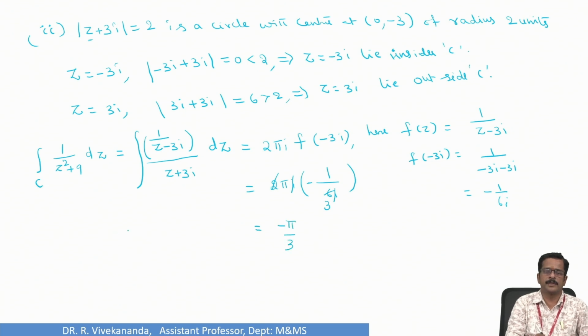This is the integration of 1 by z square plus 9 dz, where C is modulus of z plus 3i equal to 2.